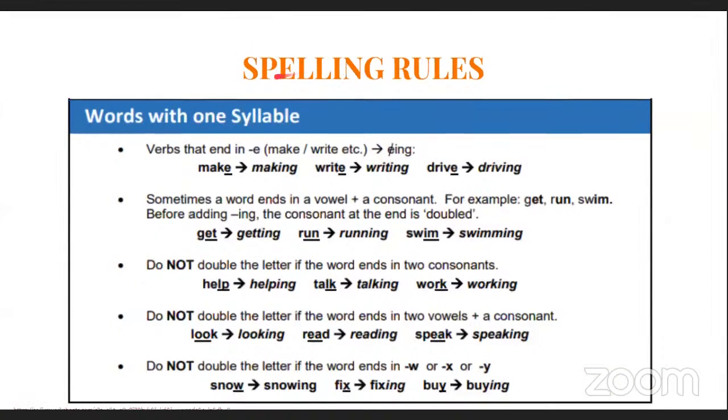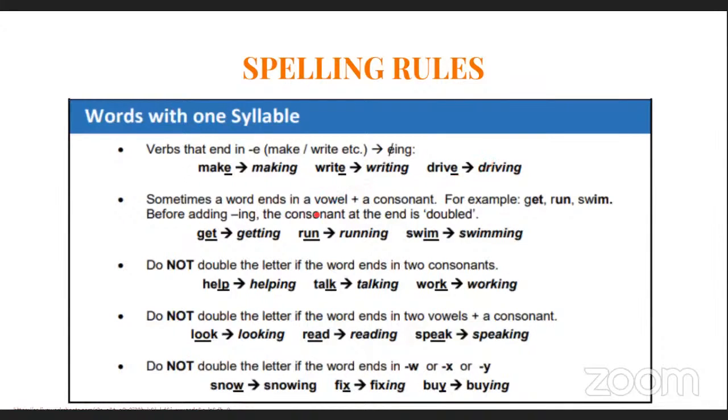Here, we have also the spelling rules for the verbs. This is very important. All of the verbs that end in E, we have to eliminate E and add ing. So from make is going to be making, from write, writing, from drive, driving.